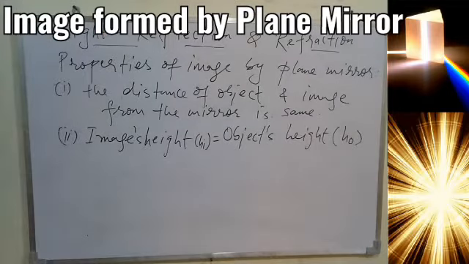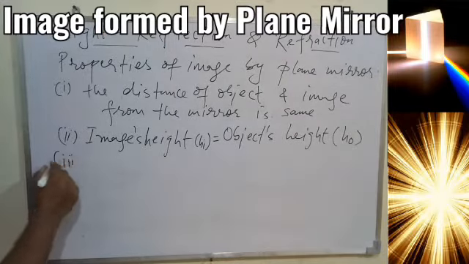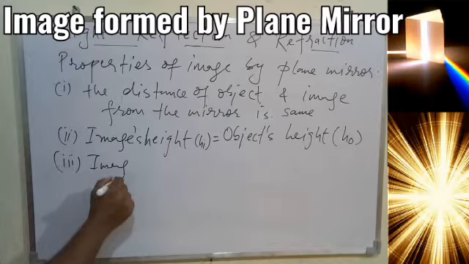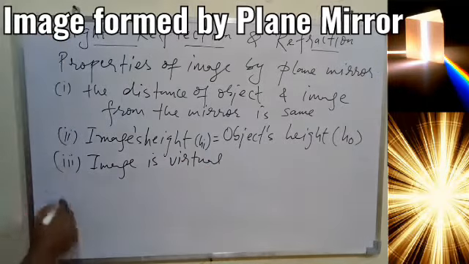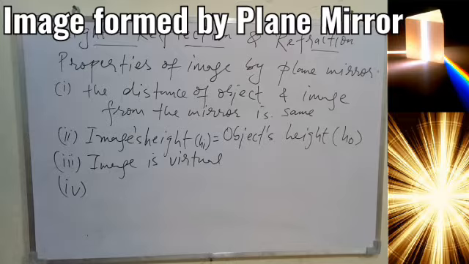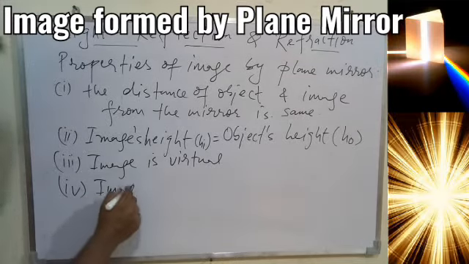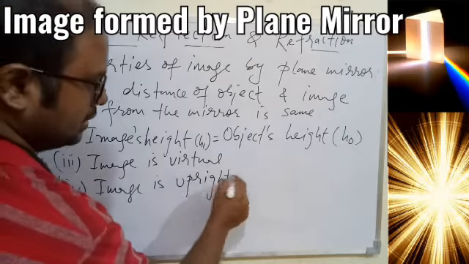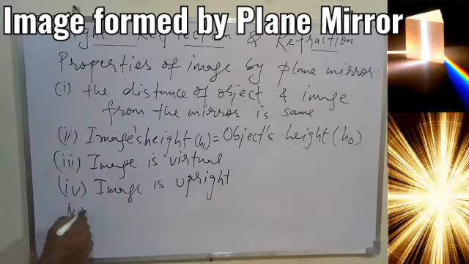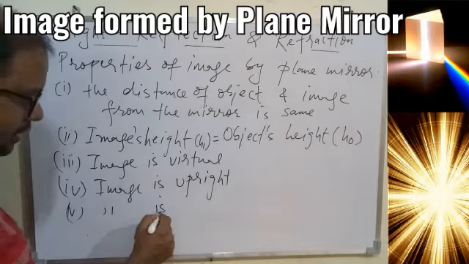That is the second thing we understood. Third thing we understood, image is virtual. Fourth we understood, that is image is upright. So all with the diagram we understood. And the last thing we understood, image is laterally inverted.